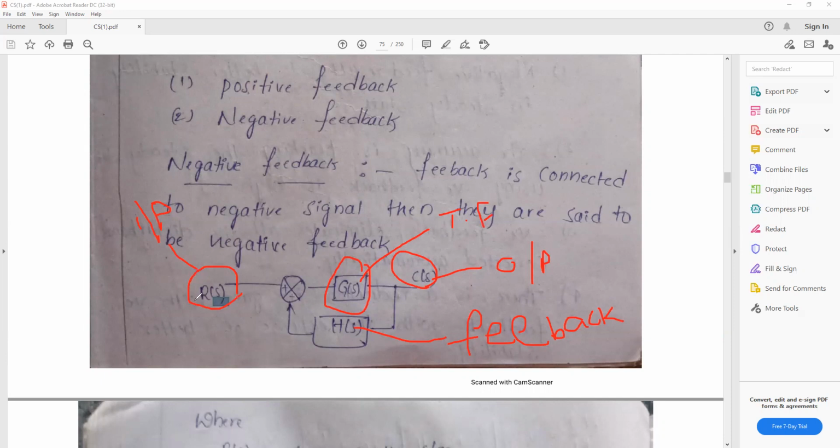So R of S is the input signal, C of S the output signal, H of S is the feedback signal, G of S is the main forward transfer function. This is the error signal.